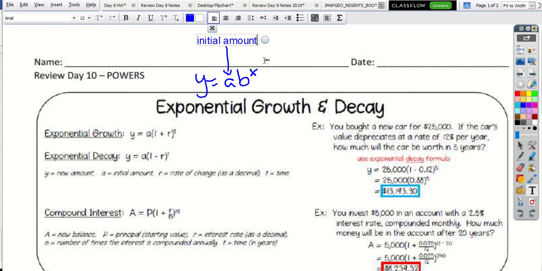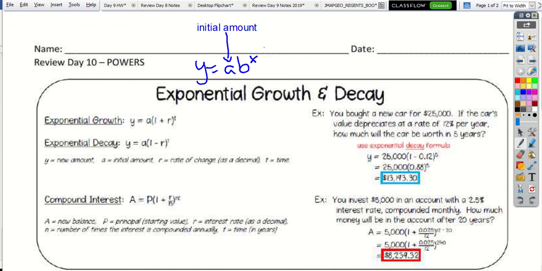B is referred to as our growth factor, or decay. And x is usually referred to as our term or the amount of time.